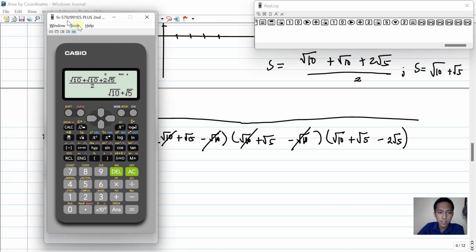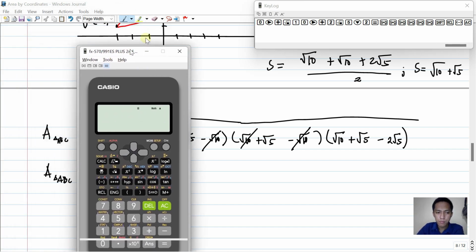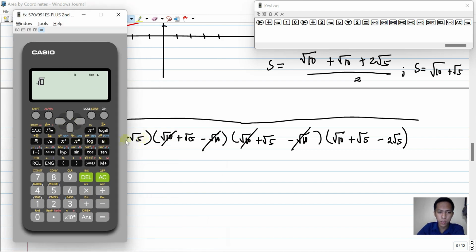So to lessen the number that you are going to input in your calculator, just store this value. Shift store, let's say A. So it is already stored in A. So square root of, what is our semi-perimeter? It is in A. So alpha A times the quantity we have here, square root of 5. Don't input the alpha A here because we simplified.